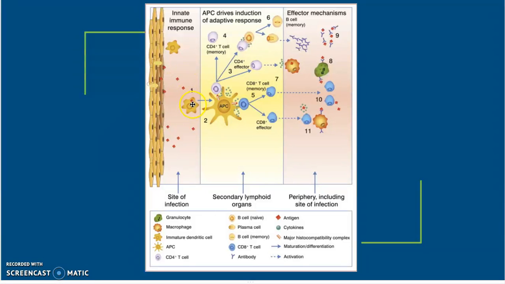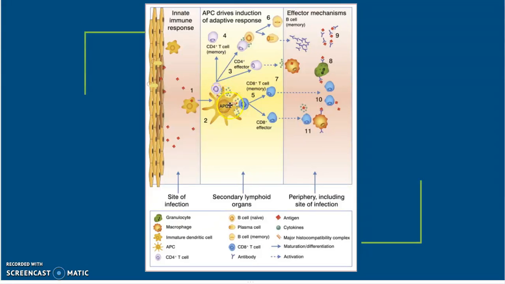Now what this cell right here does with that is it's inside this food vacuole. I think it's called a phagosome. And it fuses with the garbage dump guys, lysosomes, and then the lysosomes break it up, and then it takes it and holds it on its surface here with that MHC2.